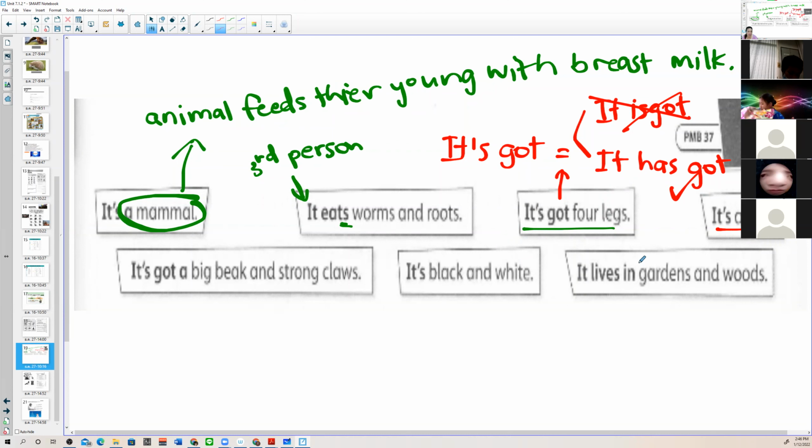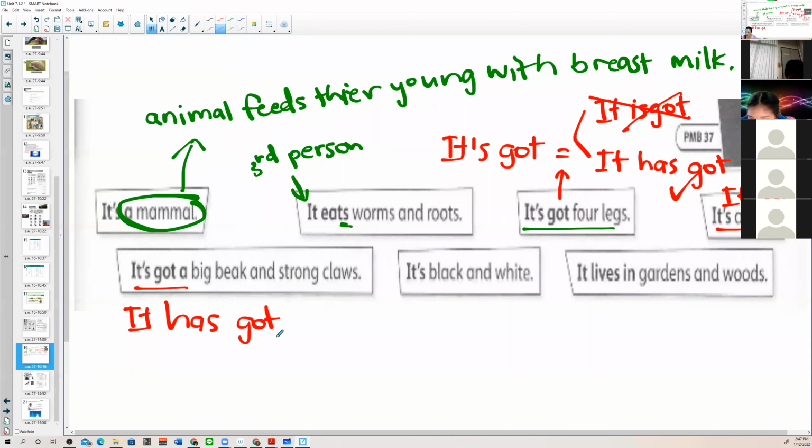But however, it's a bird. It's short for it is a bird. Okay. Next one, it's got a big beak and strong claws. It is also short for it has got a big beak.